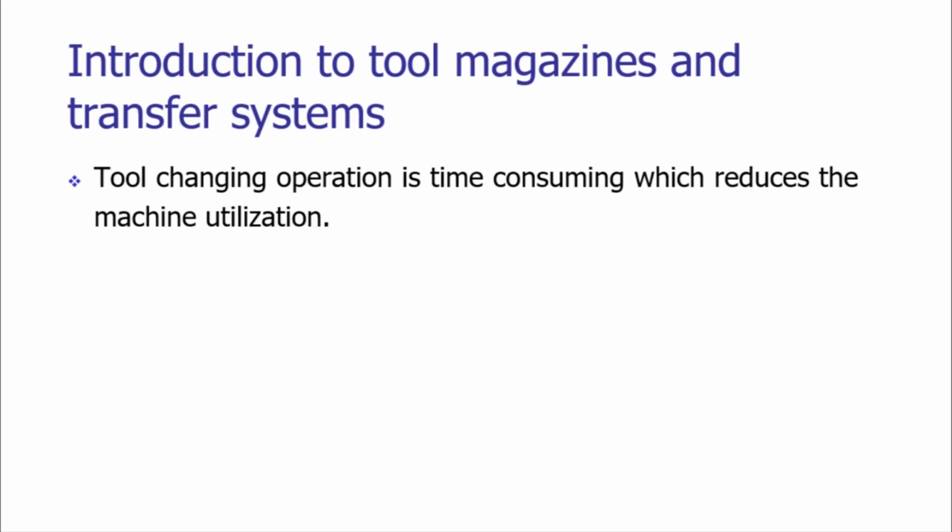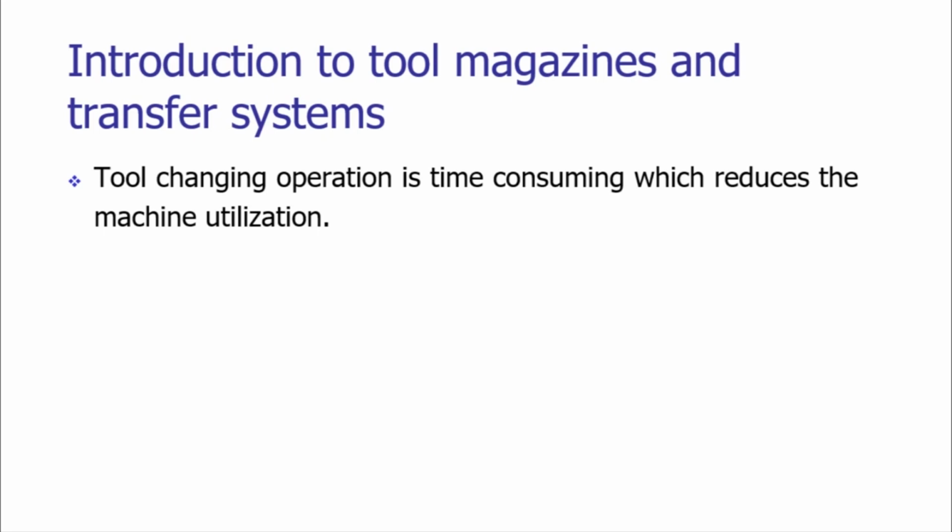In machine tools, the tool is the critical factor which is affecting the productivity. There are various time elements associated with the tool. The fundamental time element is the cutting time.